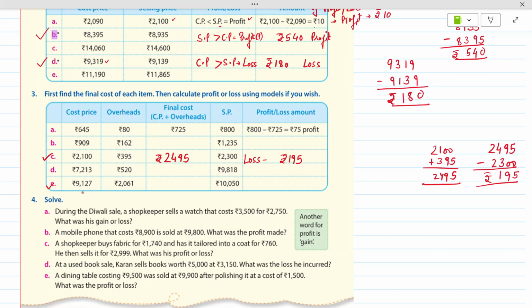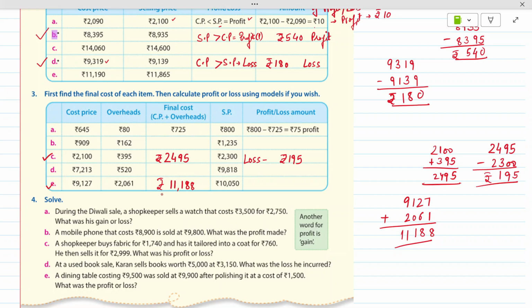Now, next question, the E part. So in E part, what we have here is the cost price is rupees 9127. Okay, I'm writing here 9127, and the overhead is 2061. And what we do is we will find the final cost. That will be 7 plus 1, 8, 6 plus 2, 8, 1 and 1, 11. So this will be 11,188.